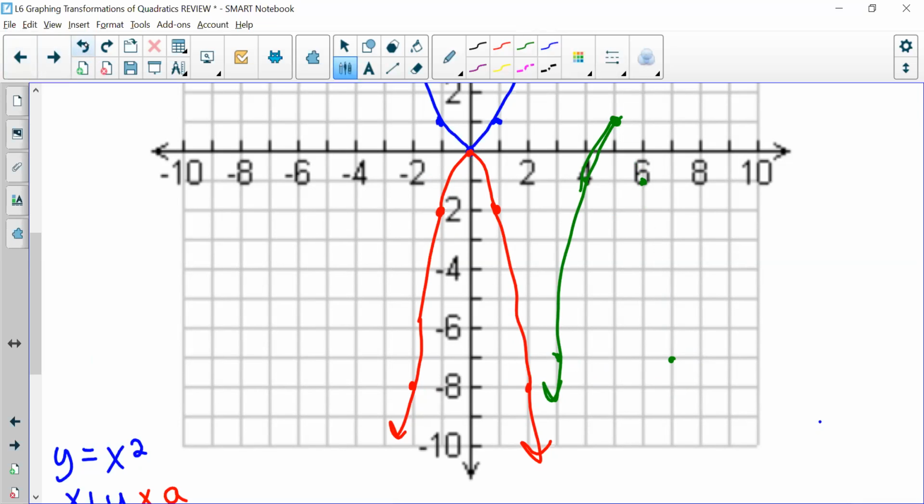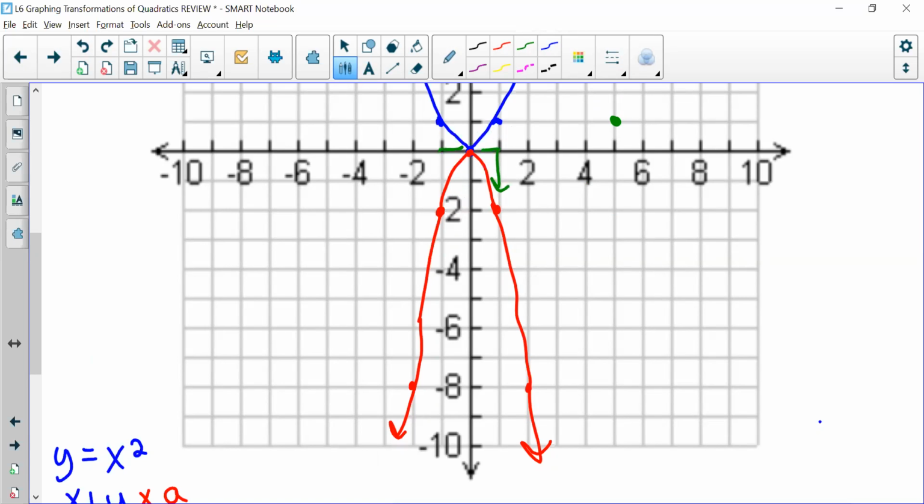Or Lauren said there was something about just looking at the vertex and shifting this shape over. If I translate it to this vertex from the red vertex, I went over 1 in both directions from the vertex and down 2.